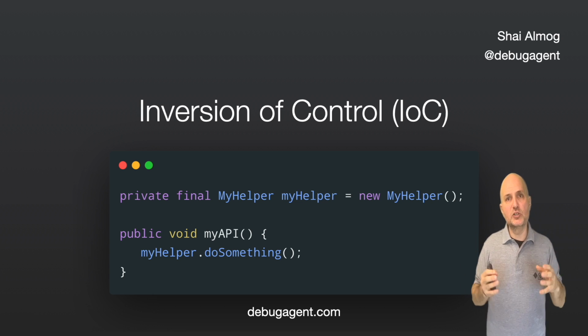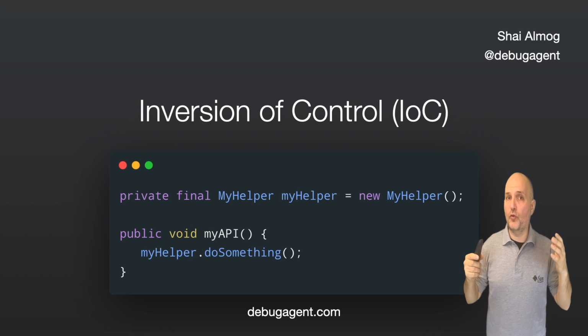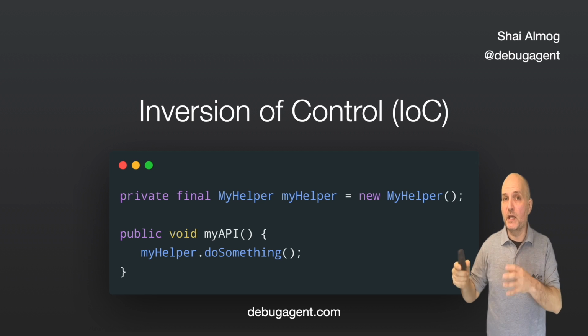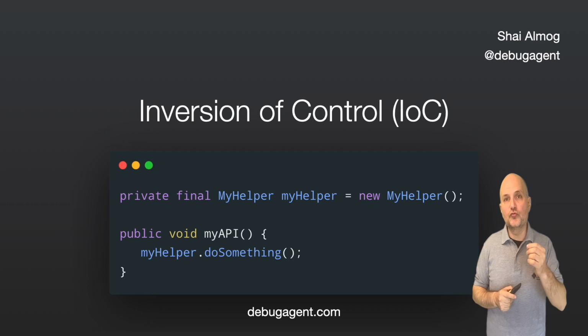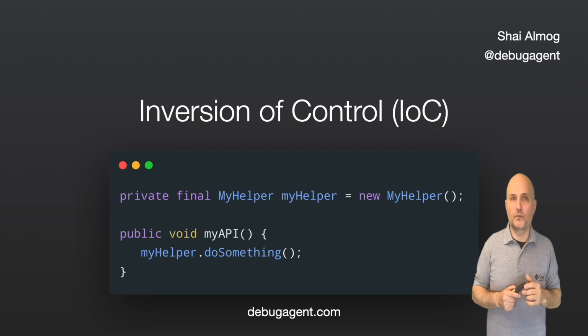These are big features I haven't discussed yet, but for now, we can say that an object can be enhanced in various ways. We might want to extend my helper and verify that the call to my API is indeed triggered a call to do something.